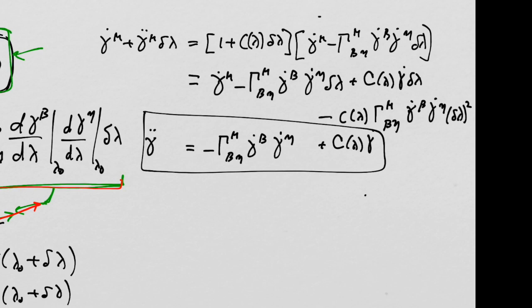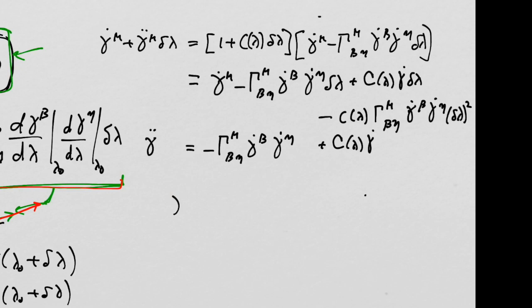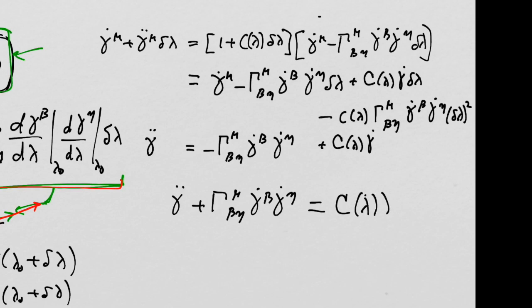Well, I shouldn't have boxed that quite yet. Let me unbox that. It should be gamma double dot mu plus capital gamma mu beta eta gamma dot beta gamma dot eta equals C of lambda gamma dot mu. The problem is C's look like parentheses, so I always mess them up.